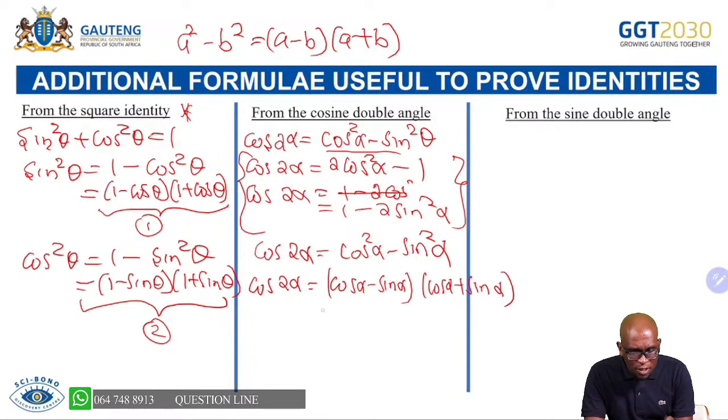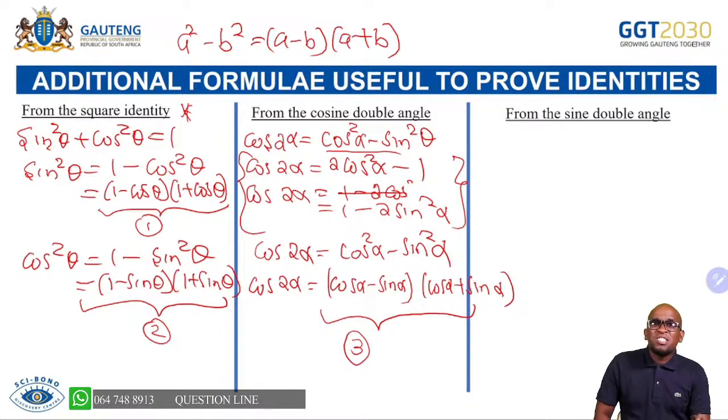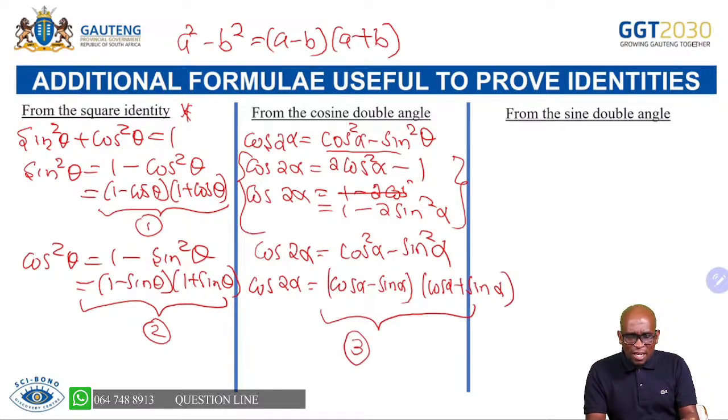So this now becomes our additional formula 3, which is something you should always be thinking about when you are proving identities.